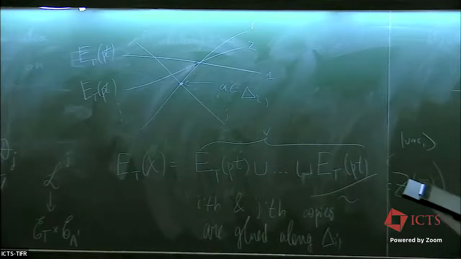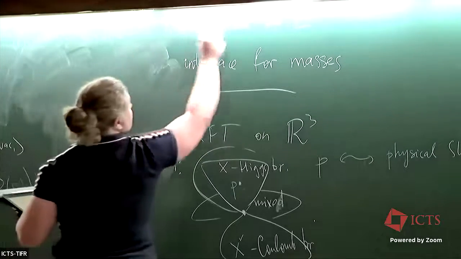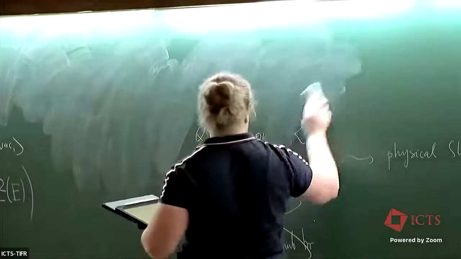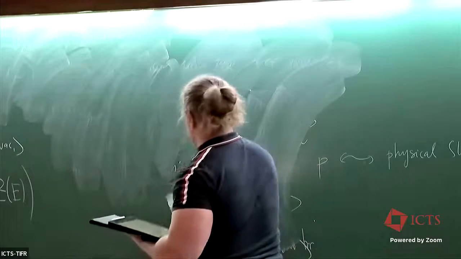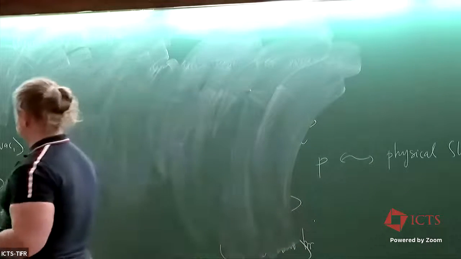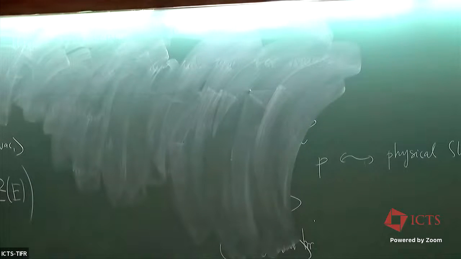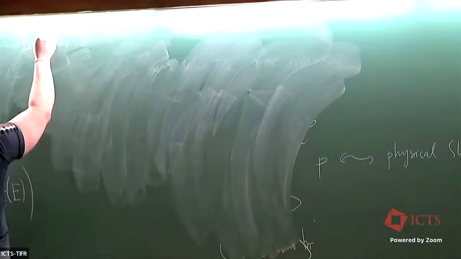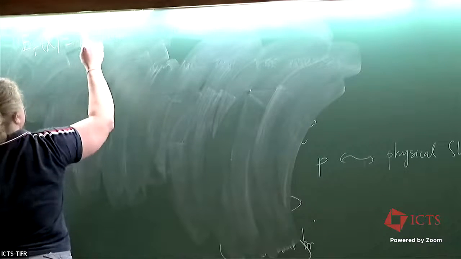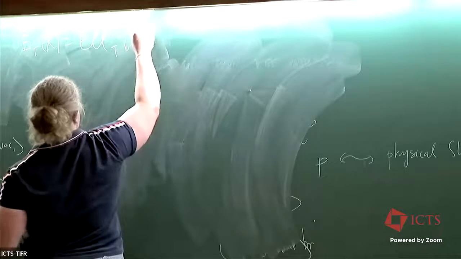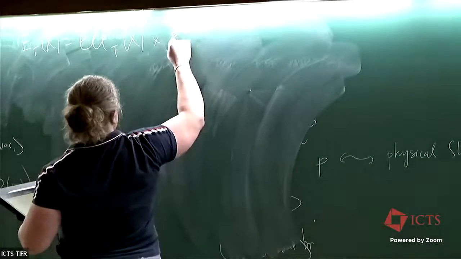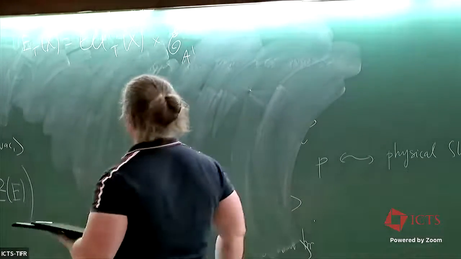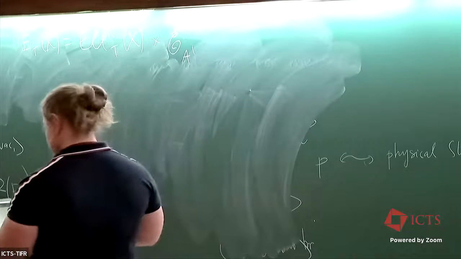In fact, in the way it is described here, the presence of topological symmetries doesn't affect any of this because, as I said, topological symmetries don't act on the Higgs branch. So ET of X can be written as something else called LT of X times this variety of flat topological connections.